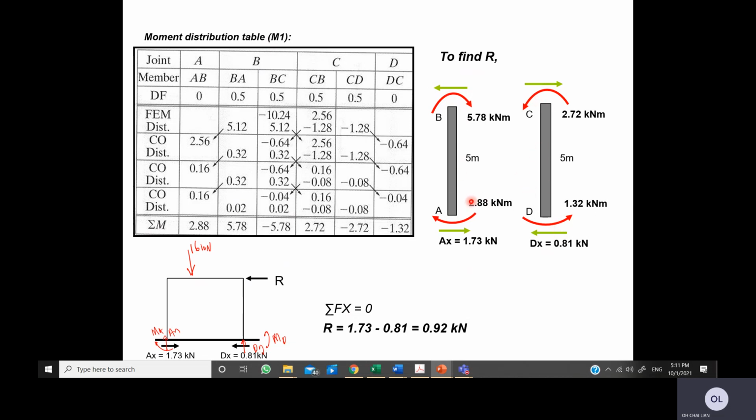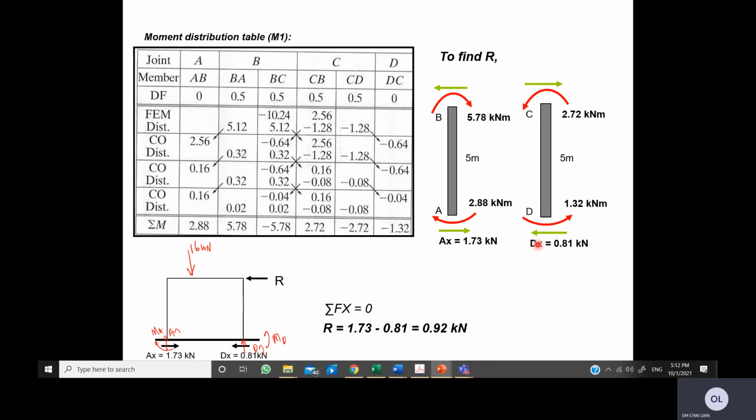For member AB, we put in the end moments from the table, for example 2.88 positive, which will be clockwise, and 5.78 positive, clockwise as well. Then taking summation MB equal to 0, you can get the AX value. Similarly, you apply for member CD.